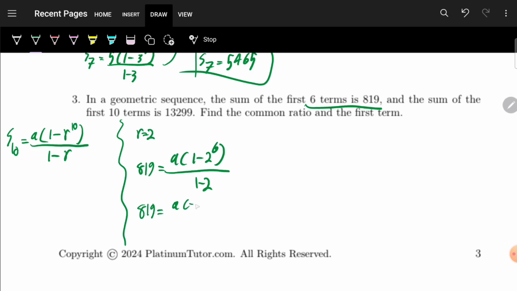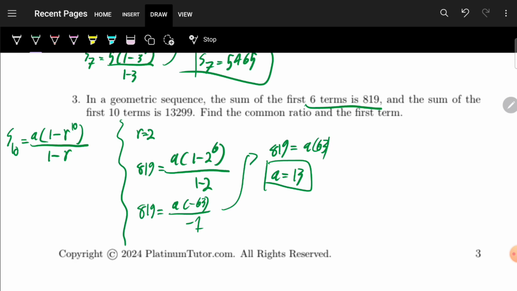So that's negative 63. All over 1 minus 2 is negative 1. So here we get 819 is equal to a, and that's just 63. Divide both sides by 63. We get a is equal to 13.